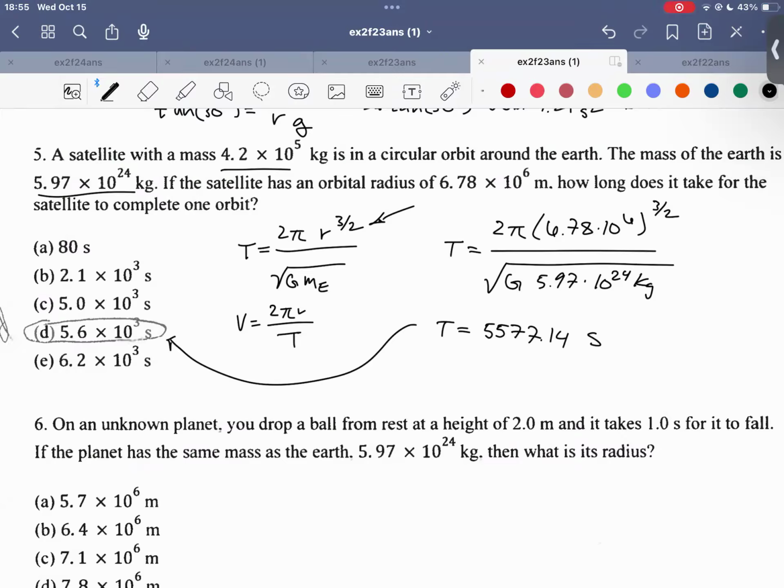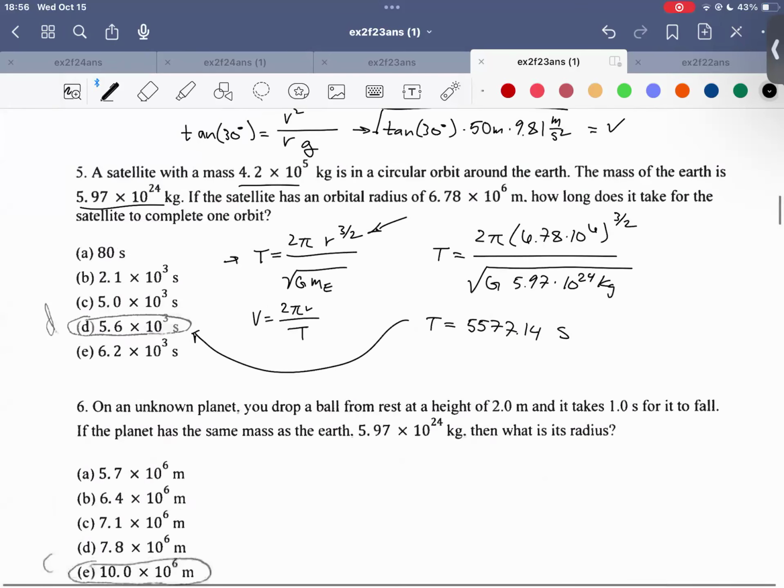That's a good question. I don't know why it gives the mass of the satellite. It does make it confusing to have both, right? Just know that if you see time, these are your two equations for time, or period.